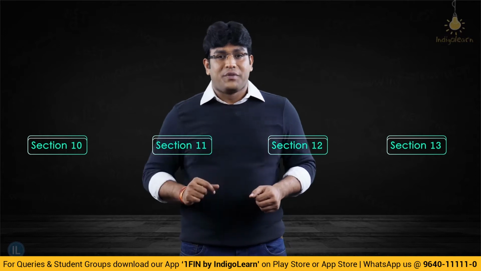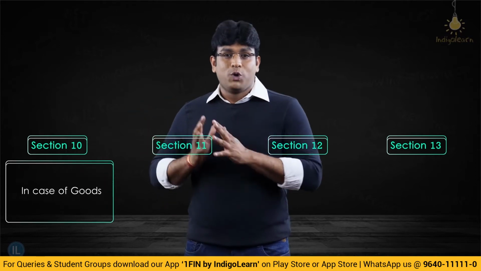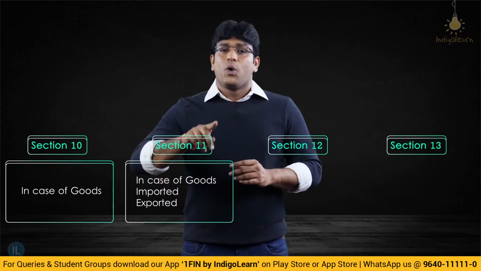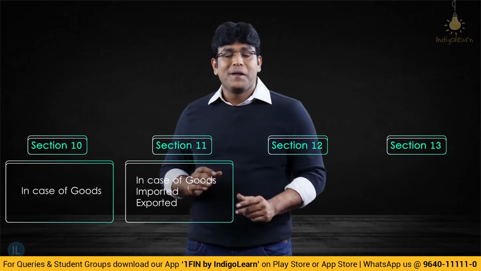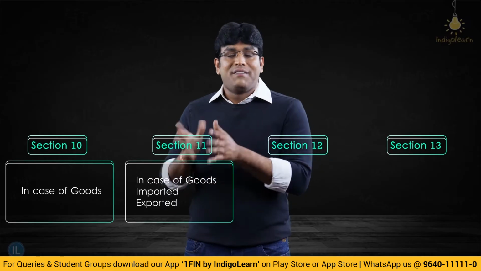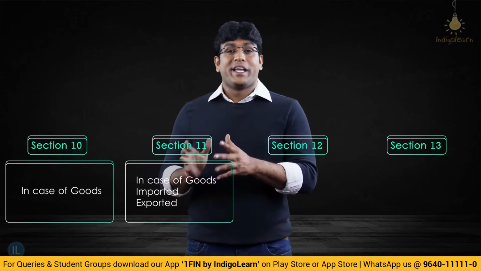And let me tell you, my dear friends, Section 10 deals with place of supply in case of goods. Section 11 deals with place of supply in case of goods imported or exported. I repeat, Section 10 deals with place of supply in case of goods. 11 deals with place of supply in case of goods imported or exported.